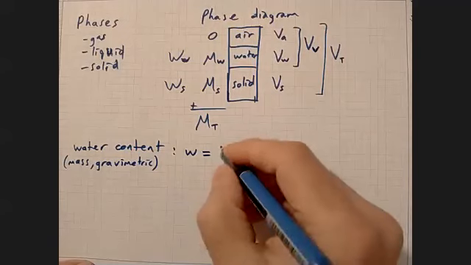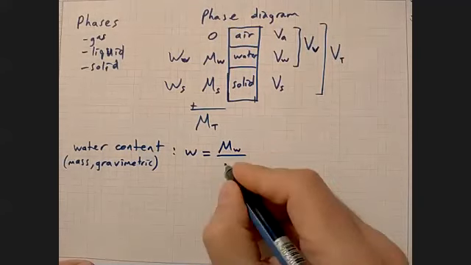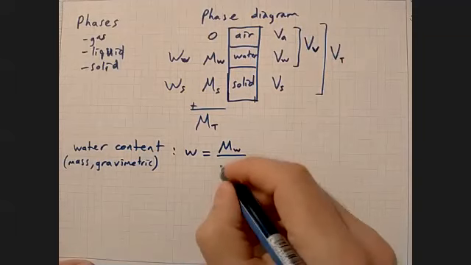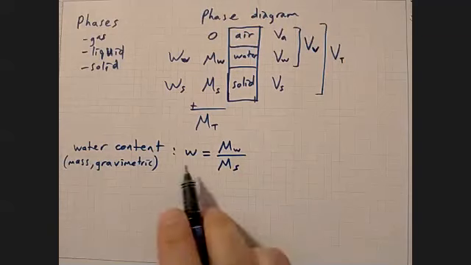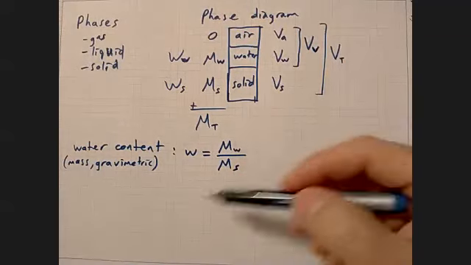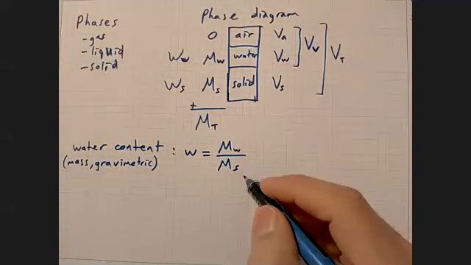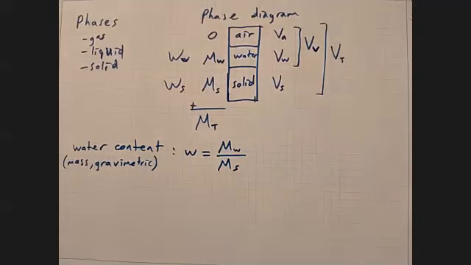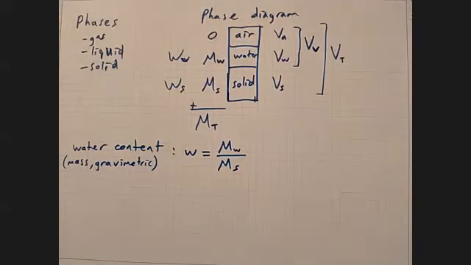And it is the ratio of mass of water to mass of solids. So it's a little counterintuitive because it is not the fraction of the whole, it is just the proportion between water and solids. And it is very commonly expressed in percentage. So if you are going to do that, you need to multiply this with 100%, obviously.